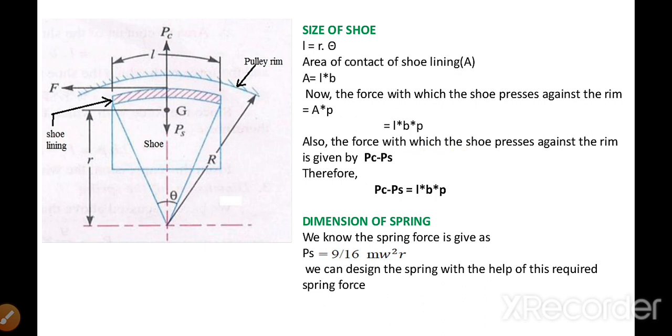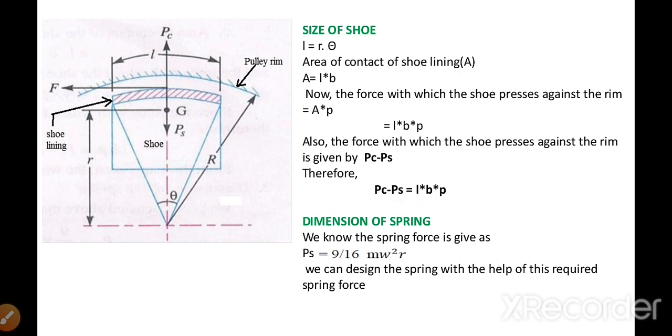Also the force with which the shoes press against the rim is given by Pc minus Ps. Therefore Pc minus Ps should be equal to L b p.